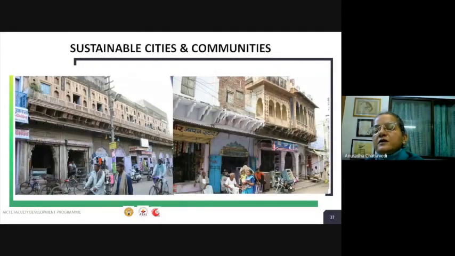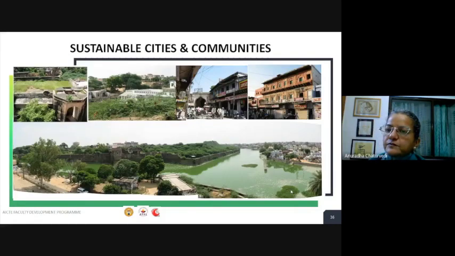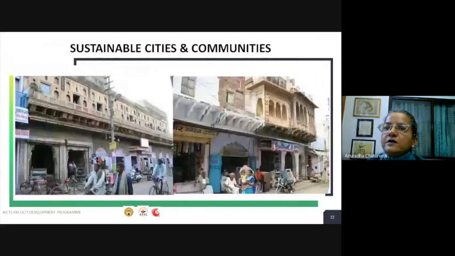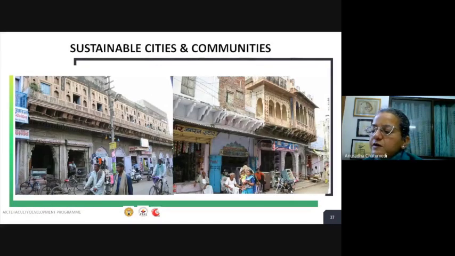So sustainable goal 11.4, again related to sustainable cities and communities, has a provision which relates to enhancing inclusive and sustainable urbanization and capacity for participatory, integrated and sustainable human settlement planning and management.